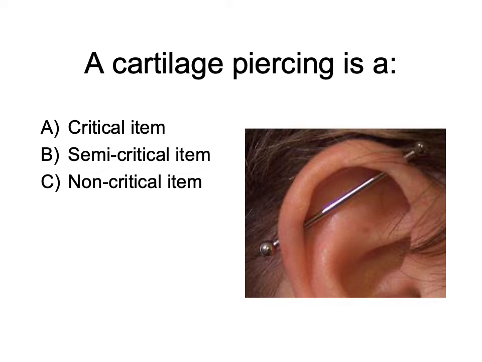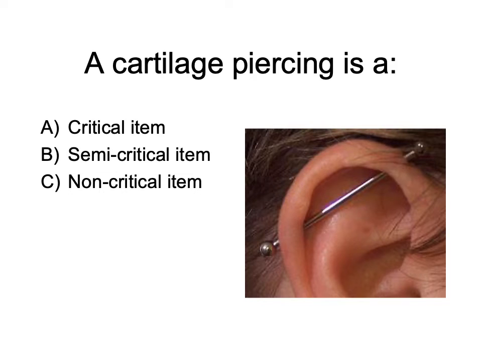A cartilage piercing is A, critical item, B, semi-critical item, C, non-critical item. The answer is A. It is a critical item. You are penetrating the body tissues.